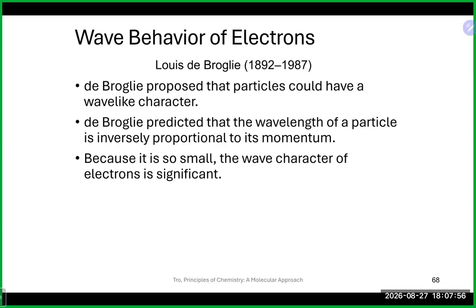What we're going to talk about here just briefly is moving away from Bohr's idea of the atom, as we talked about. As you introduce more than one electron, like we have in hydrogen, it doesn't hold up very well.